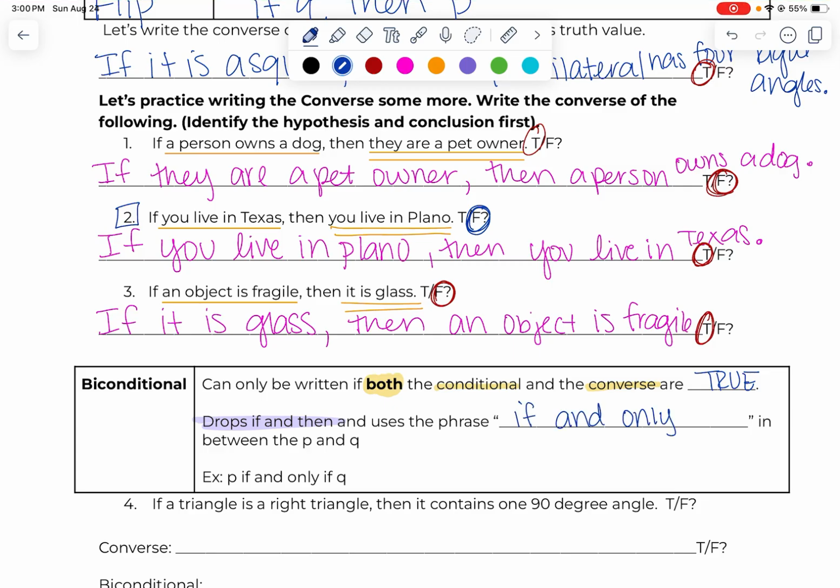And that's going to go between P and Q. So P, if and only if, Q. So the hypothesis, if and only if, the conclusion.